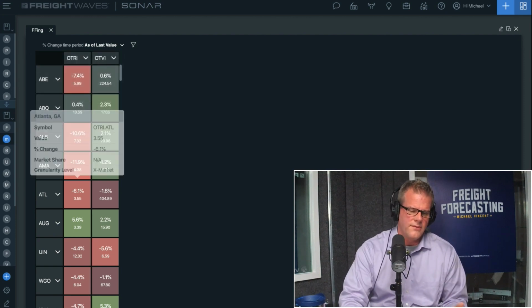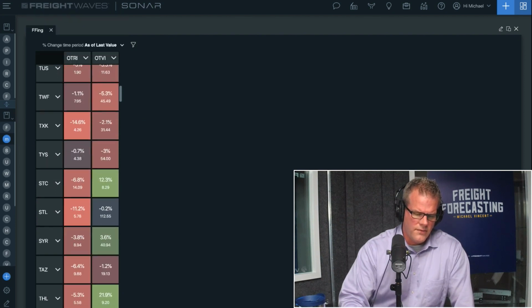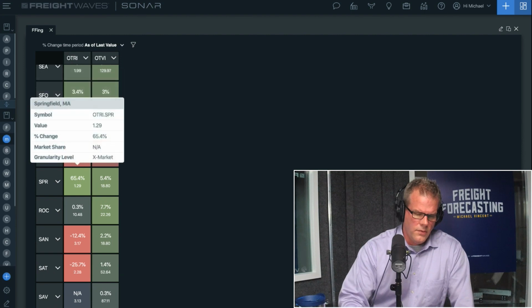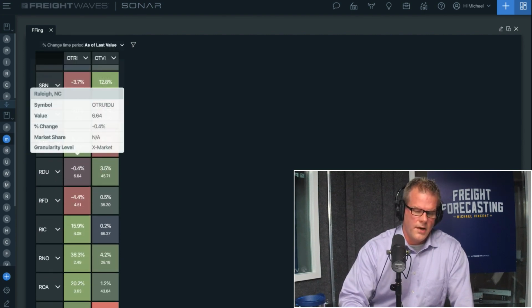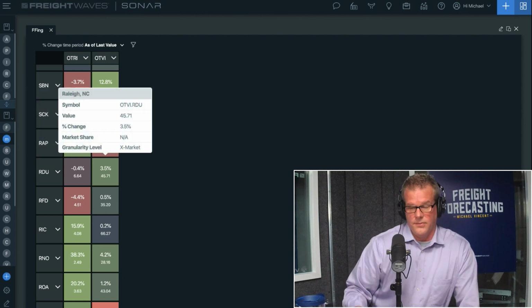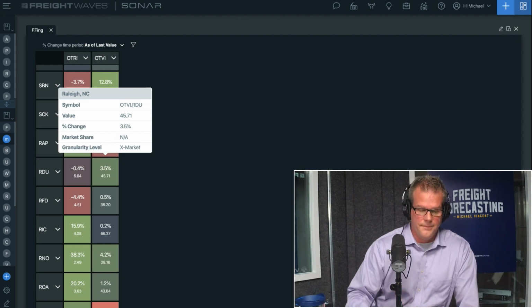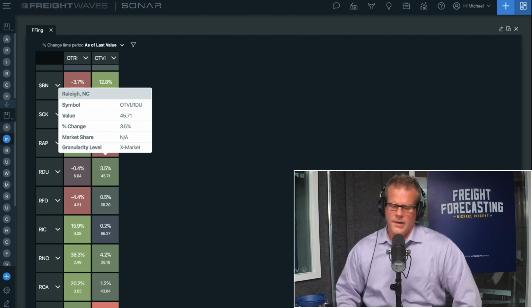So if I look at this and start going through these, what is interesting is I'm looking for a specific market. Raleigh right here: the outbound tender volumes, or the number of loads overnight in Raleigh, has gone up 3.5%, which puts it at a 45.71 index for outbound volume.